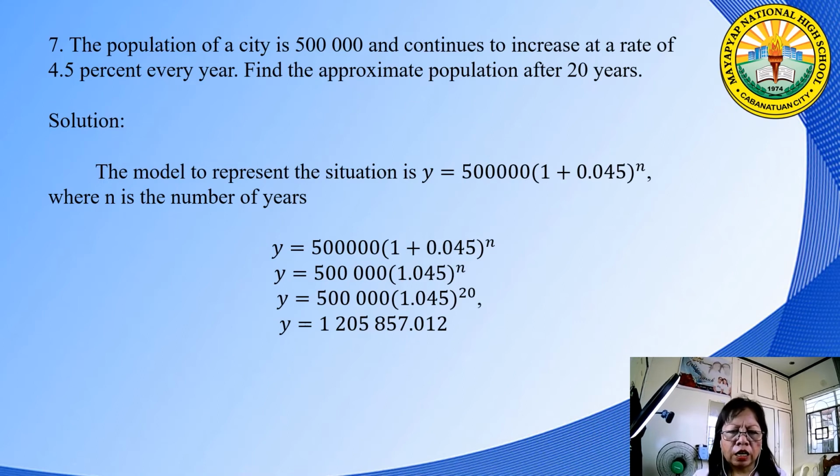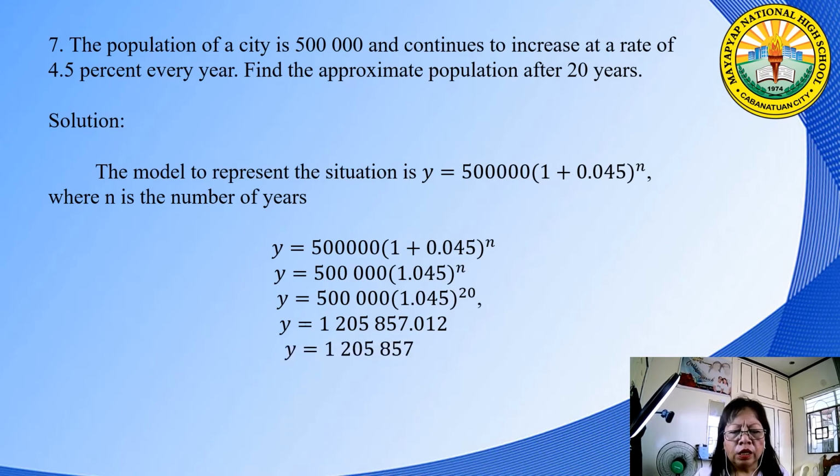Again, using a calculator, you just press 1.045, then the key y raised to x, or the inverted v, then 20, times 500,000. It gives you this value. y equals 1,205,857.012.